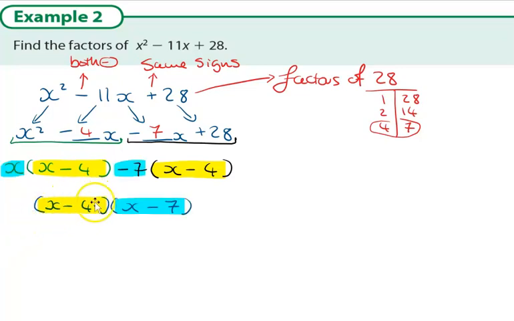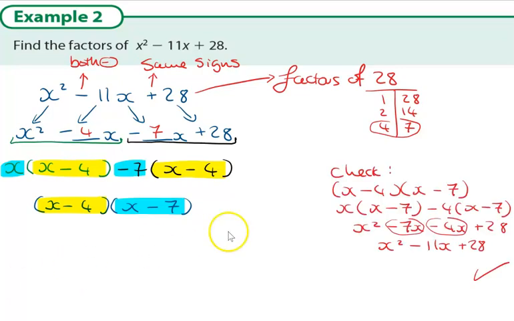So x minus 4 is the first part of my answer, and then x minus 7 in brackets is the second part. So I was asked to find the factors of x squared minus 11x plus 28, and the factors are x minus 4 multiplied by x minus 7. I'm going to check my answer by multiplying back out the brackets, and I get back to the start so I know I'm right.